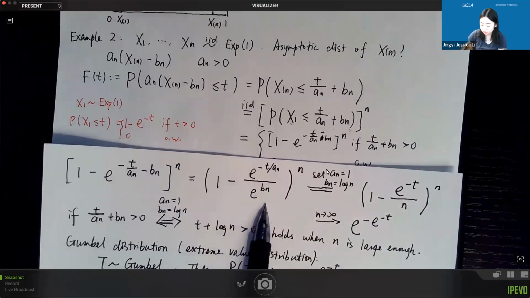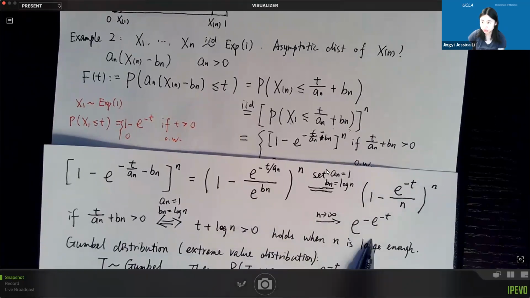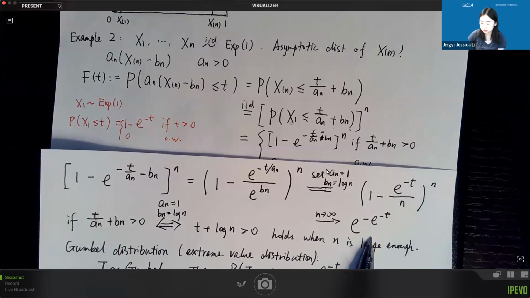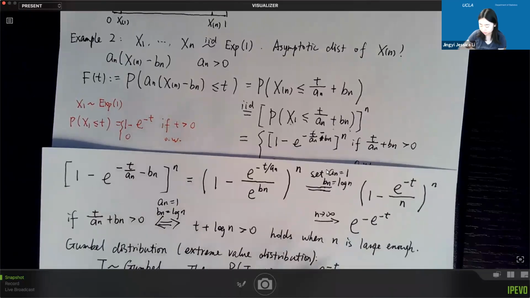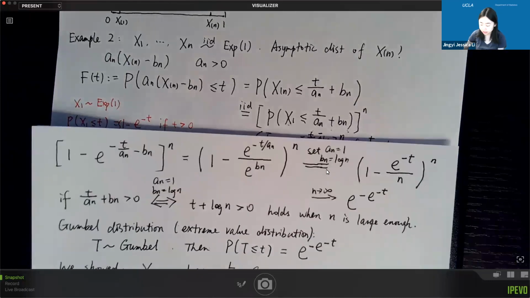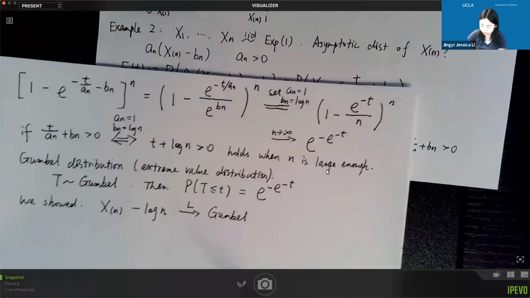So the trick is that we want to find a proper set of an and bn such that the limit is convergent to some limit that does not depend on n. And then we define a distribution for the limit here. Then that's the Gumbel distribution. Okay, that's example 2. And now we're going to do another example, which we call example 3.